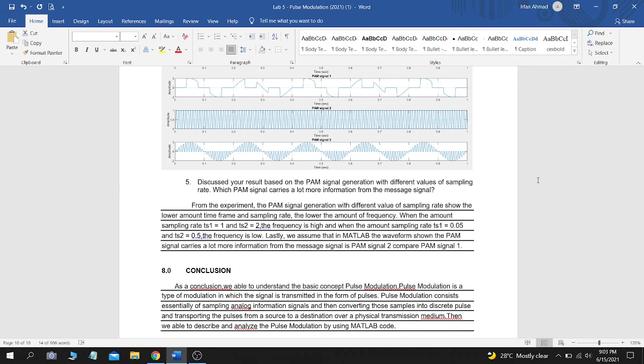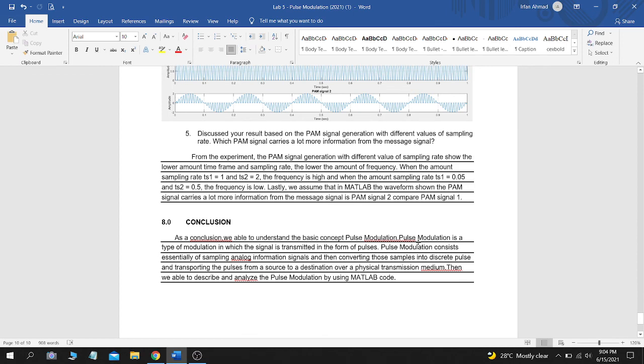When TS1 equals 0.05 and TS2 is 0.5, the frequency is low. Lastly, in MATLAB the waveform shows that pulse signal 2 carries a lot more information in the message signal compared to pulse signal 1, because the pulse signal changed, so they differ a lot.